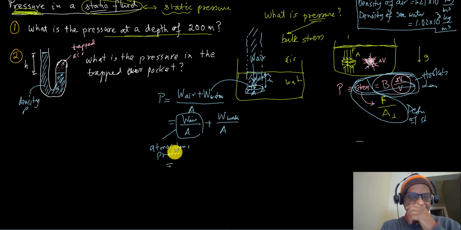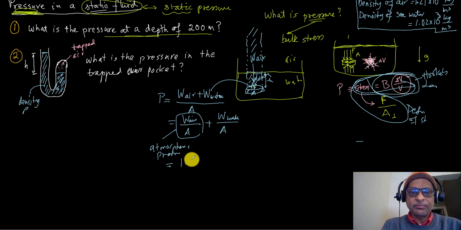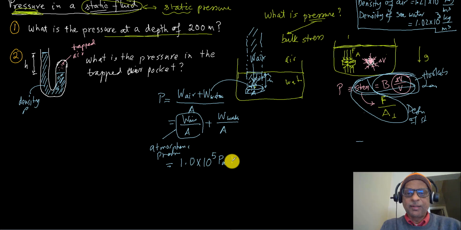And this value is about 1.0 times 10 to the power 5 Pascal. And the weight of water will be mass times g. The mass will be density of water times the volume, and volume will be area times the height, times g.